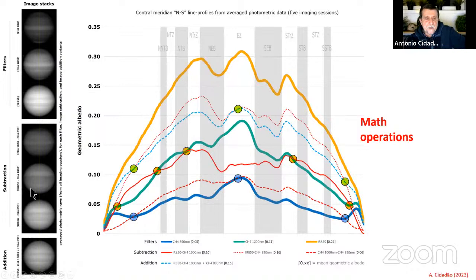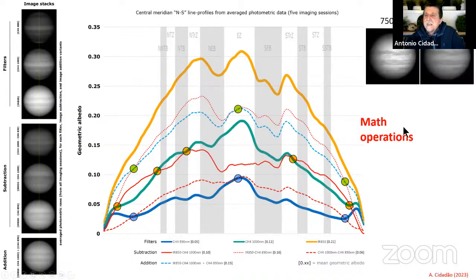The other ones are from math operations, and they can produce valuable information that can change, and that I am very interested to follow in the next years to see if variations occur.